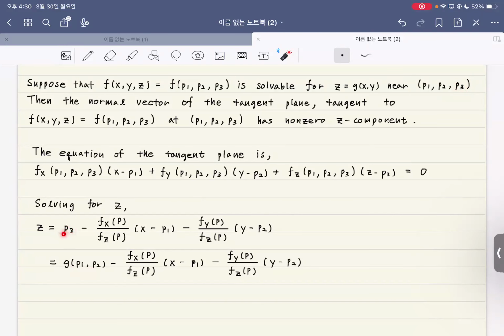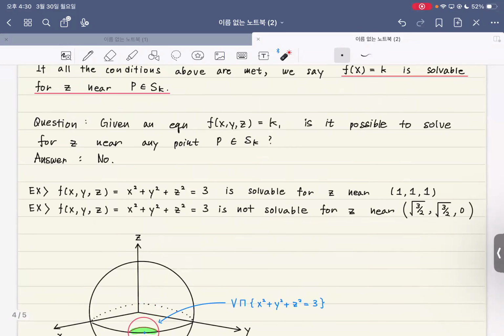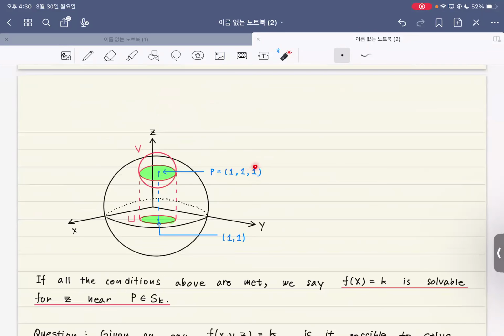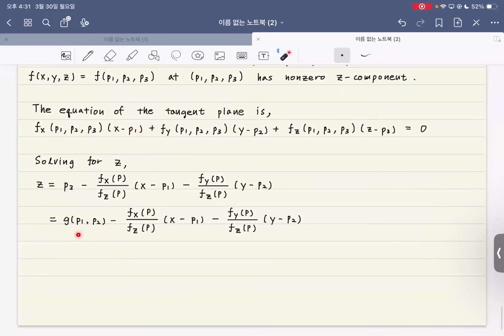Because at this point, the last component, the z component, can be understood as z equals g(x, y). So this is why I'm replacing p3 by g of p1 and p2. Okay, so this is the equation of the tangent plane.